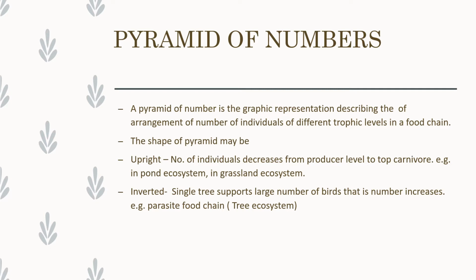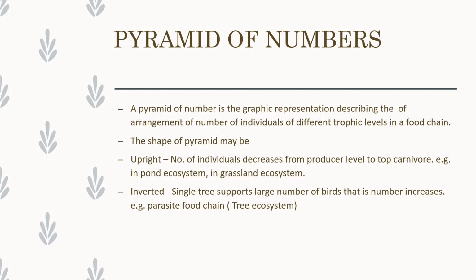When it is upright, the number of individuals is decreasing from producer to top carnivore, and when it is inverted, the numbers are increasing. If upright, the numbers are decreasing, and if inverted, the numbers are increasing.